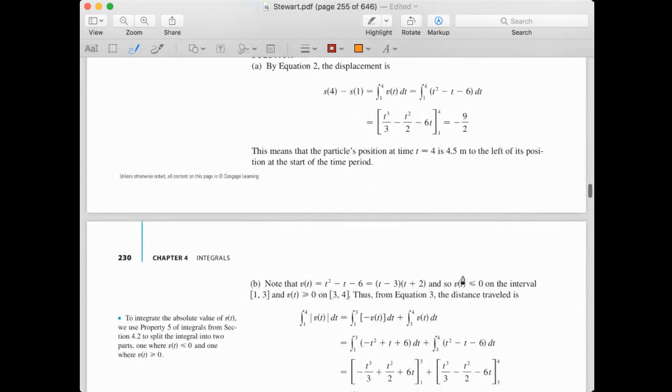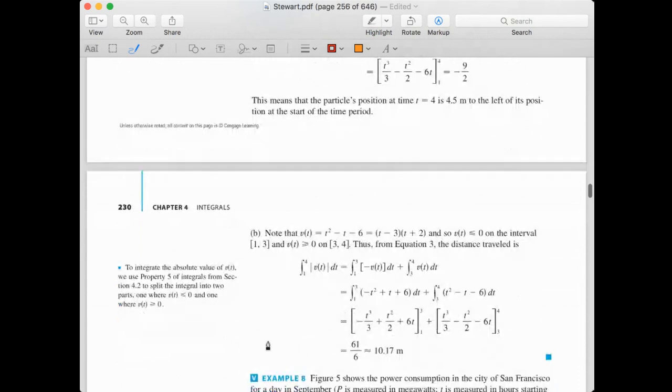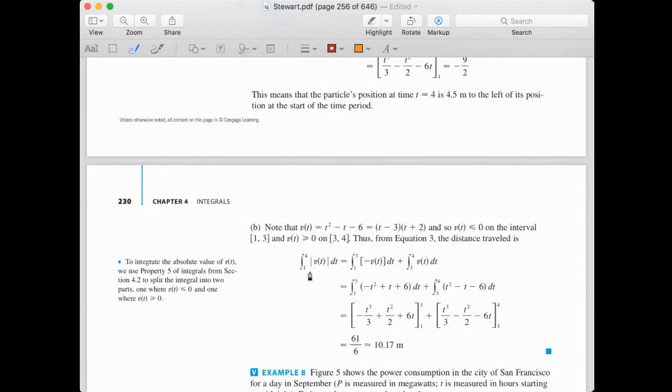Then we see this is how the velocity function behaves. It's negative in the interval 1 to 3, and positive on the interval 3 to 4. Then the distance traveled is the absolute value of velocity, which is called speed.